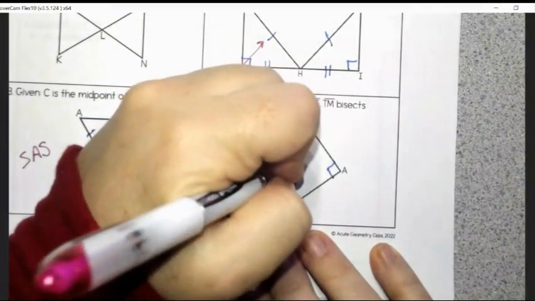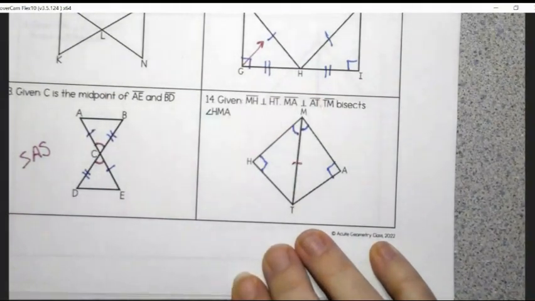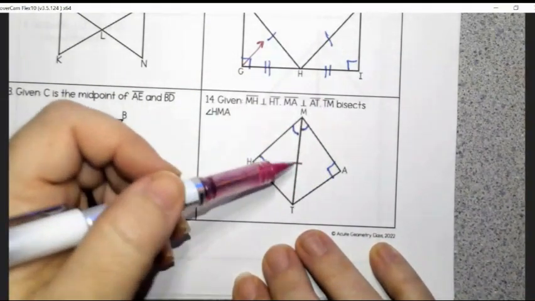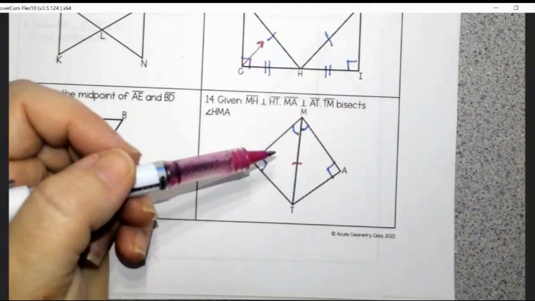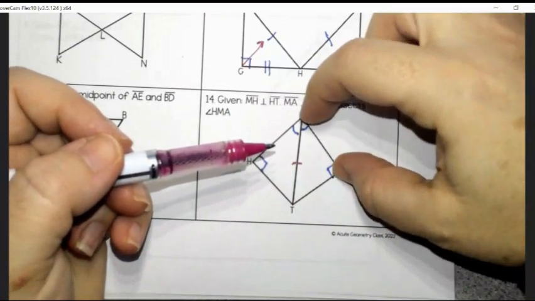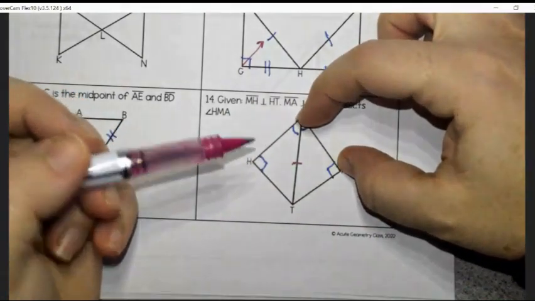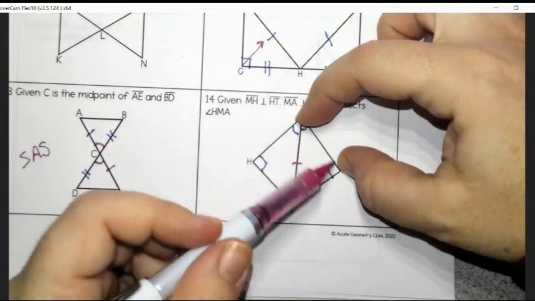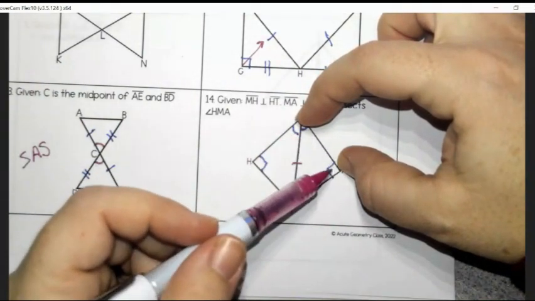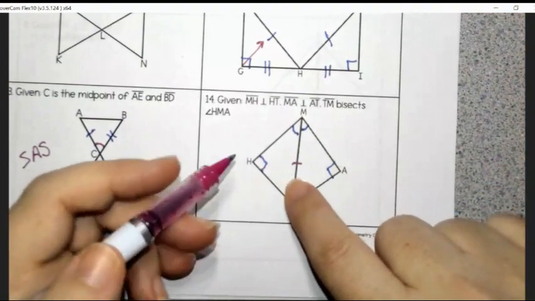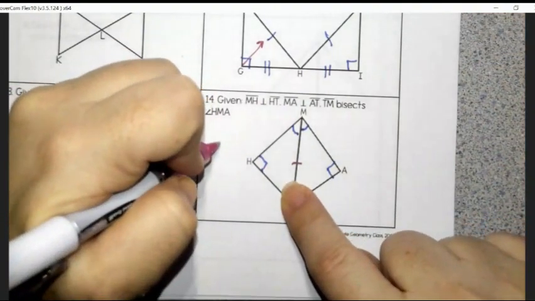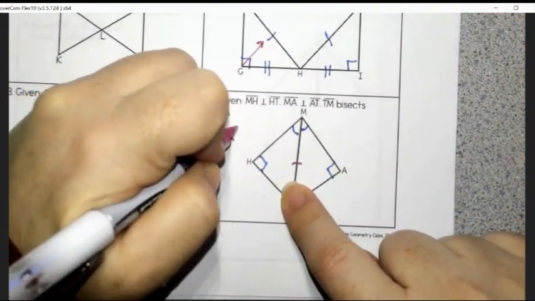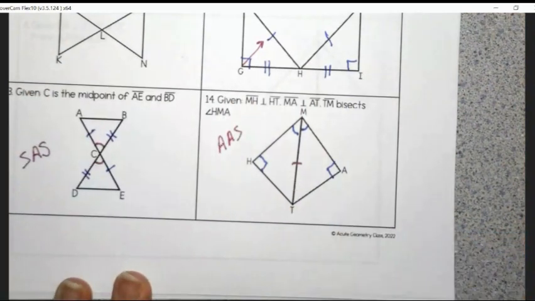And then I can mark that both triangles share this side. So we have 2 angles and a side, so it's either AAS or ASA. Put your finger on each of the angles. The side in between those 2 angles is this side right here. That's not this side, so this side is next to them, not in between them. So it's AAS. Okay, practice some on your own.